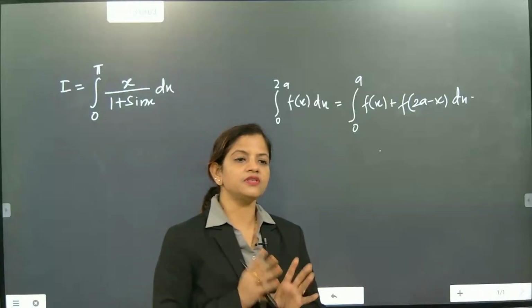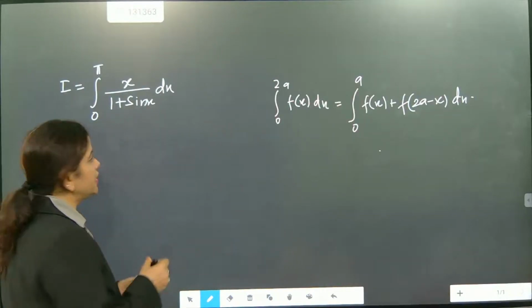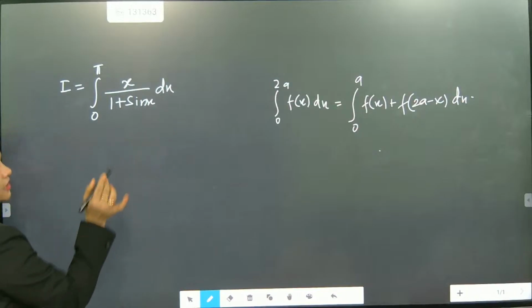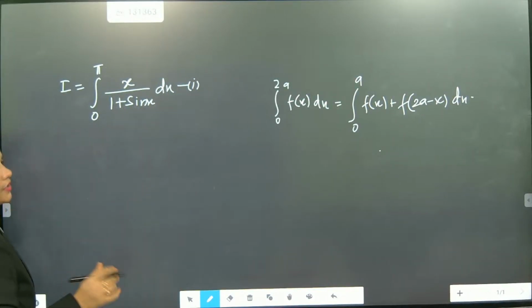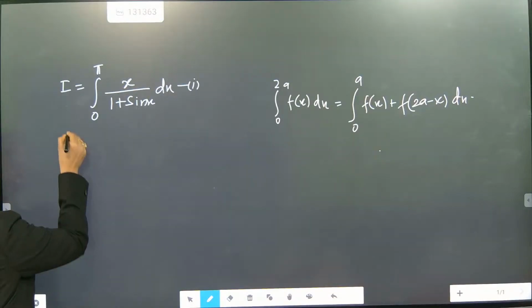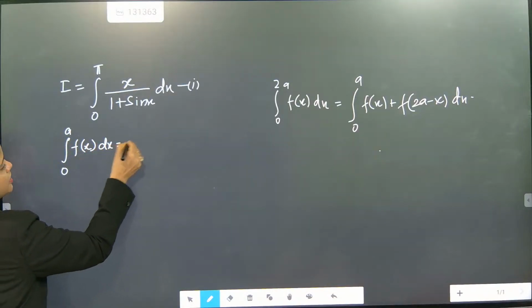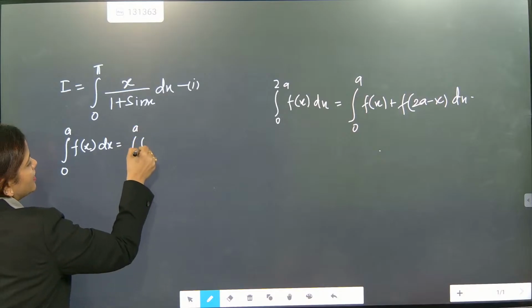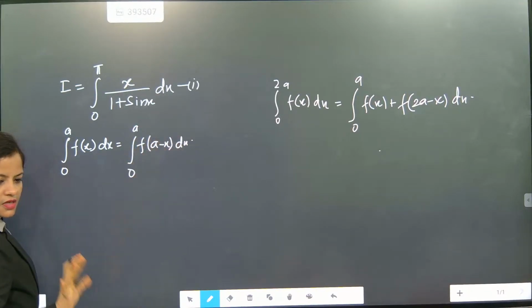If you are not trying, I will solve. Okay, fine. At least waste of time will not be there. So now look here. This is exactly the question. We will take this as equation 1. Now our first formula: integral 0 to a of f of x dx is equal to integral 0 to a of f of a minus x dx. We use this, understood now?